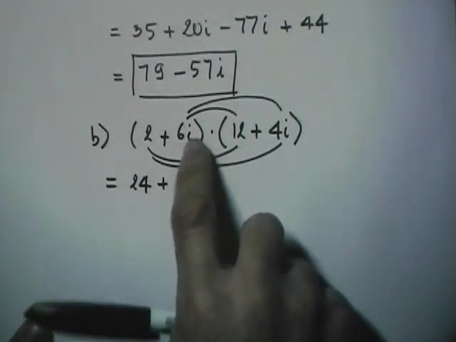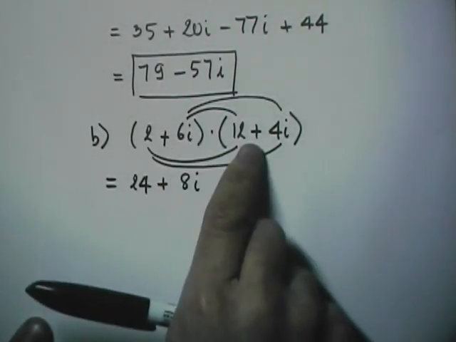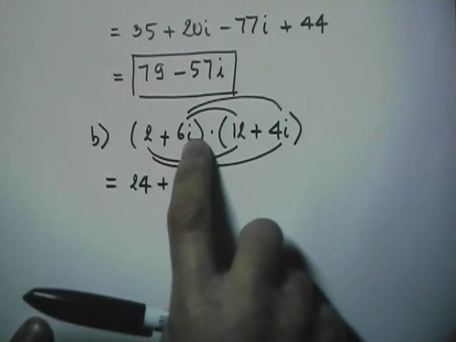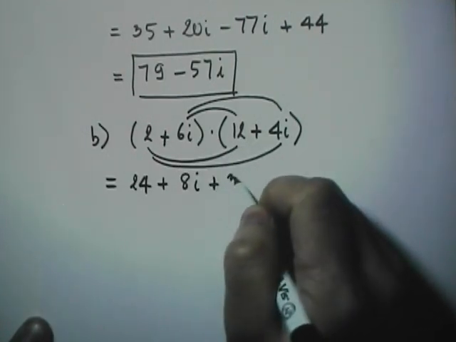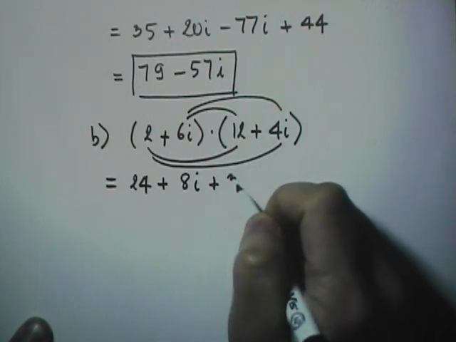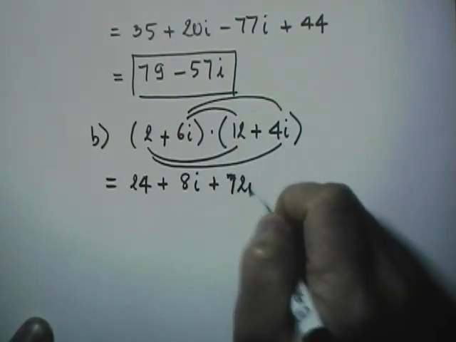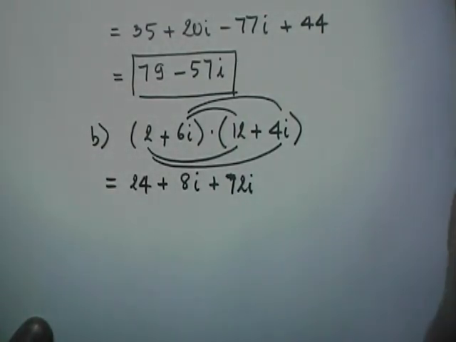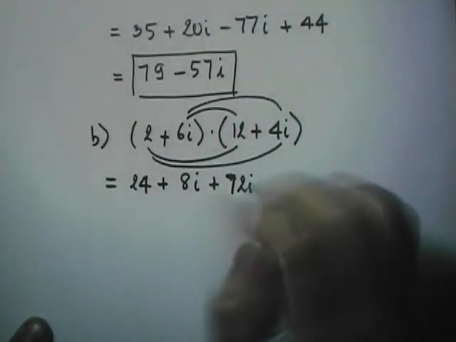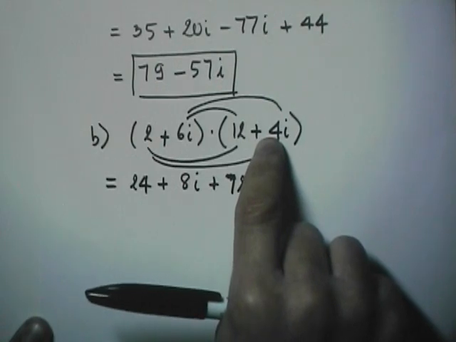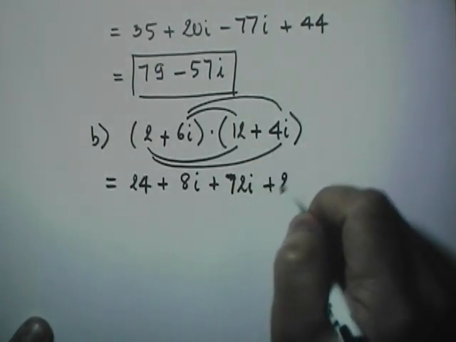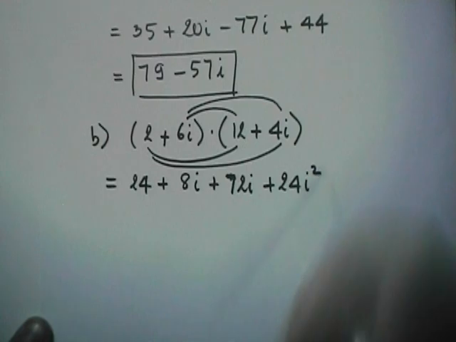Now for the inside terms, positive 6i times 12 is plus 72i. And then the last term, positive 6i times plus 4i is going to be plus 24i squared.